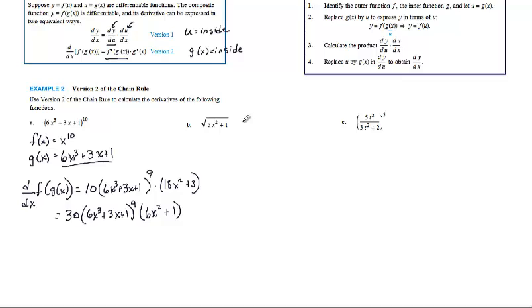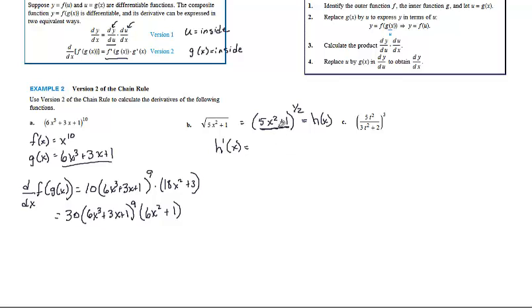This one I would rewrite as 5x squared plus 1 to the 1/2 power. And I'm going to call it h of x. I'm going to just say equals h of x. So h prime of x is going to be, now here's my inside function, this 5x squared plus 1. I'm not going to write it down. The outside function is the 1/2, that thing to the 1/2 power.